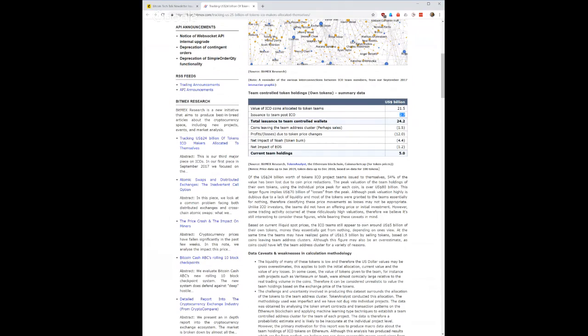Coins leaving team address clusters, this is probably sales, so there's probably 1.5 billion of that. Profit and loss due to token price changes, 12 billion. That's happened because there's been so much money lost in the ICO realm or in altcoins and so on. That's a significant amount.